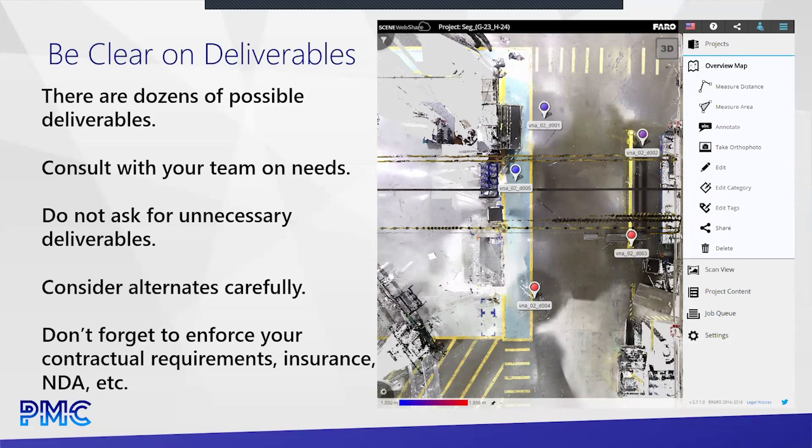So let's define really what you need. Avoid asking for unnecessary deliverables. For example, be realistic about the accuracy you need. Do you really need an eighth of an inch? Is a quarter fine? Is an inch good? Be realistic about what you need here because it can make a big impact on cost, since it will depend on what type of gear and equipment is sent to the site to do the job.